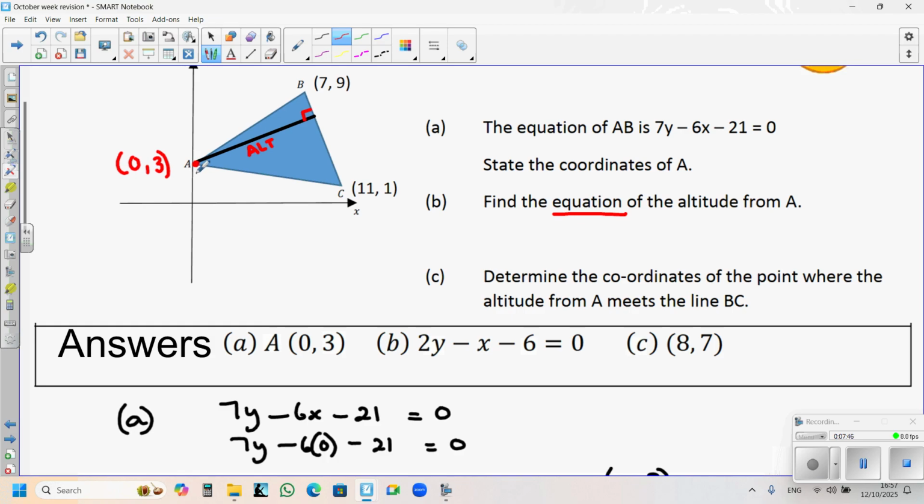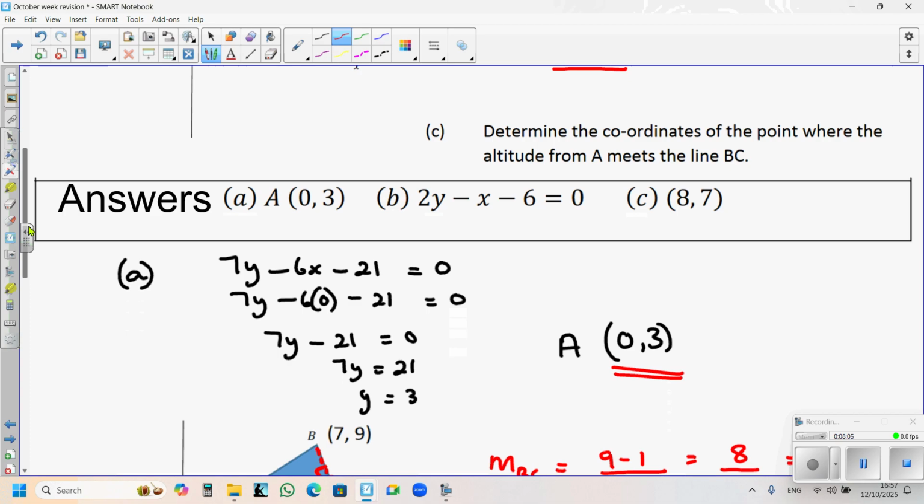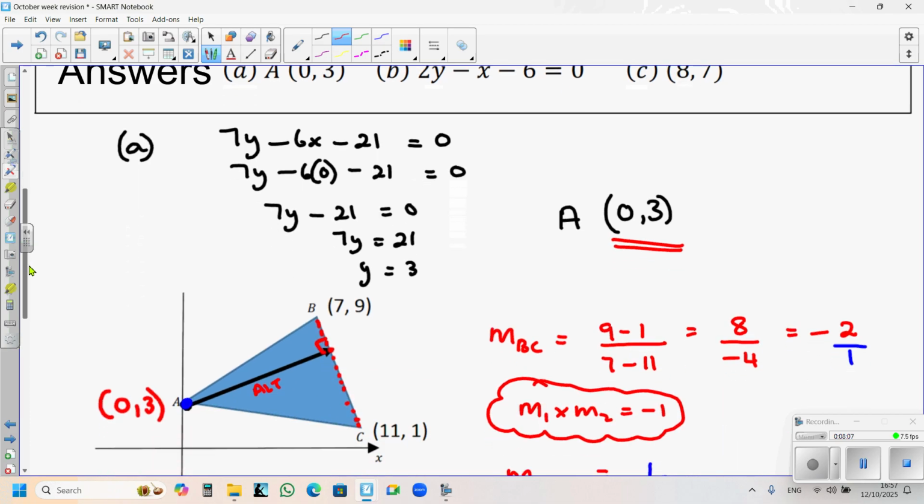So how do you get the gradient of an altitude? You work out the gradient of the opposite side, which is BC, and we know that the two gradients multiply to give us -1. An easier way to do that is flip and change the sign. So I'm going to work out the gradient of BC. So there's the wee picture there.